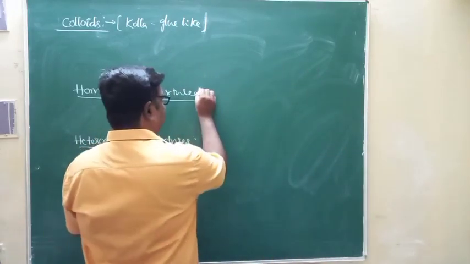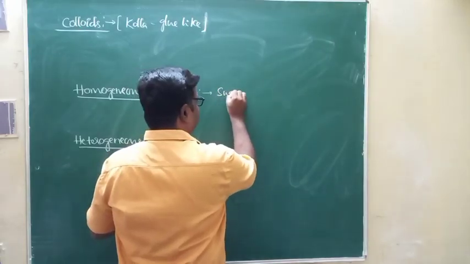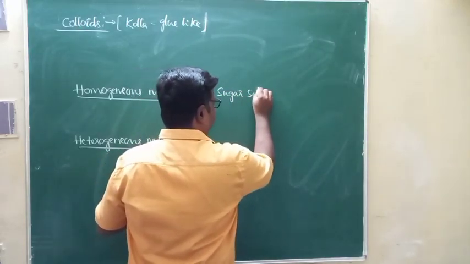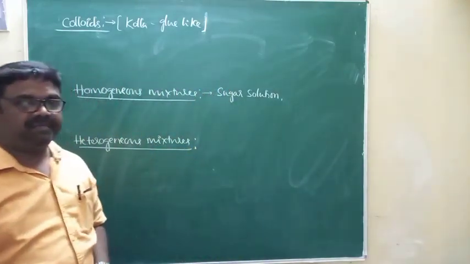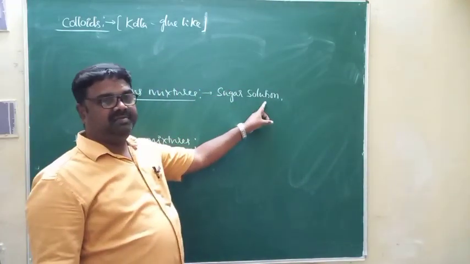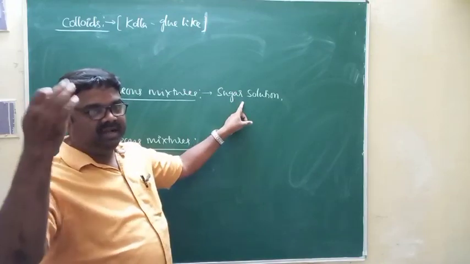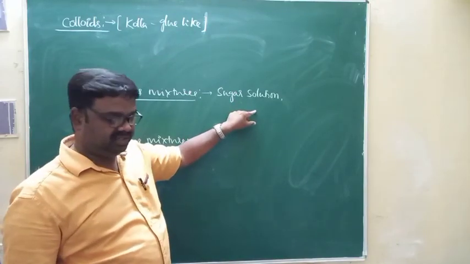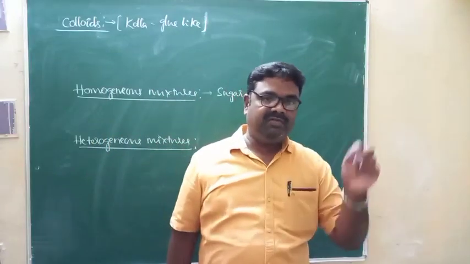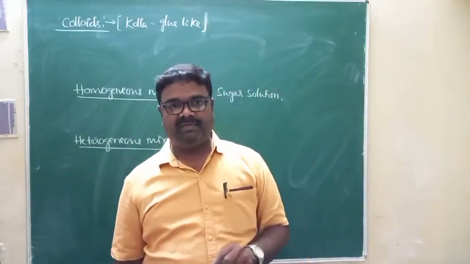As far as a homogeneous mixture is concerned, I'll give one example, that is a sugar solution, or you can say a solution of sodium chloride. Just imagine the sugar solution, a transparent solution in which sugar particles are not visible to your naked eyes.